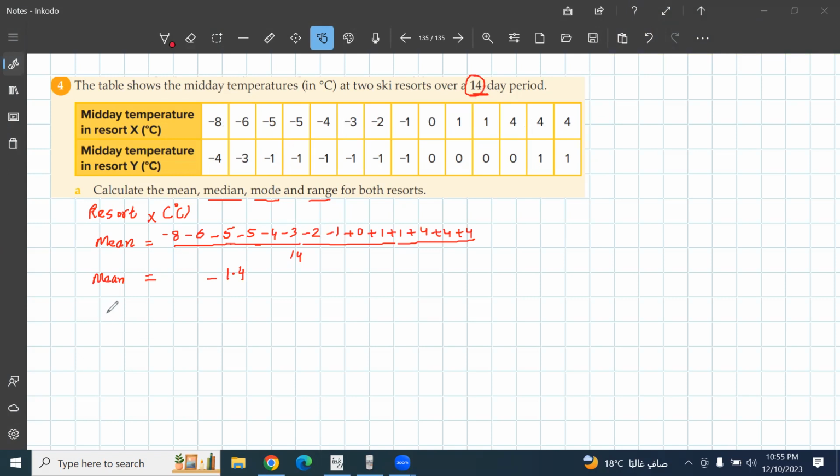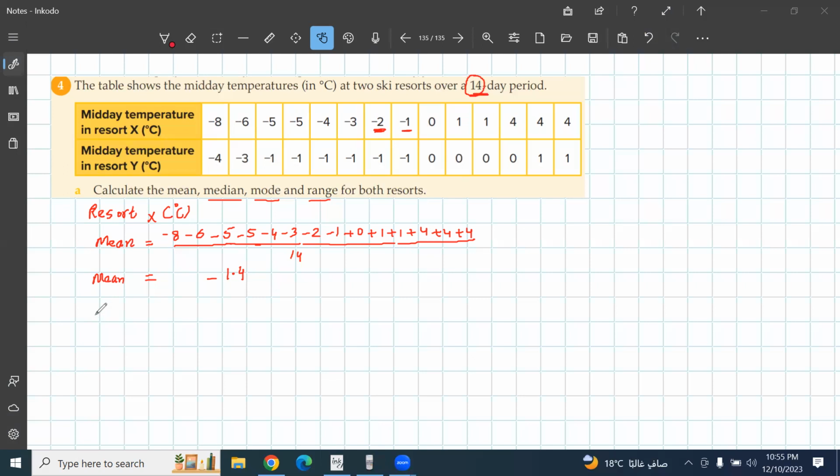If you have an even set of data, we choose the middle two values. So it means the 7th and 8th: 1 2 3 4 5 6, and this one -2, -1. Before -2 we have 6 values, and after -1 we have 6 values.